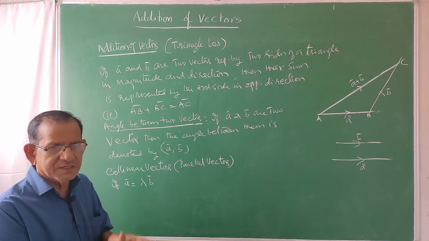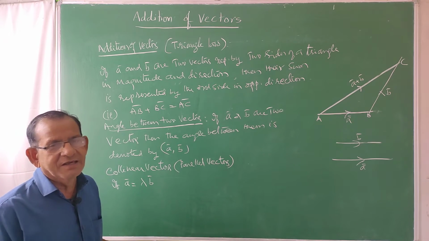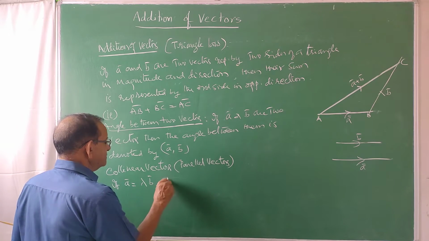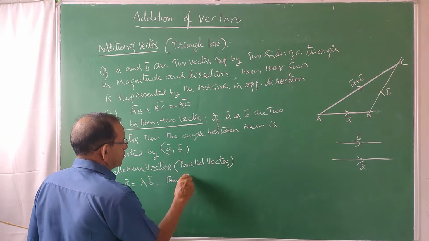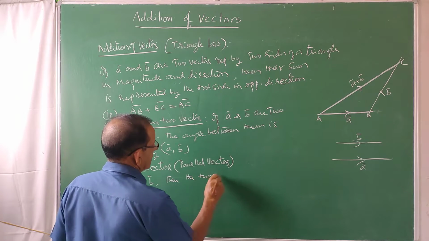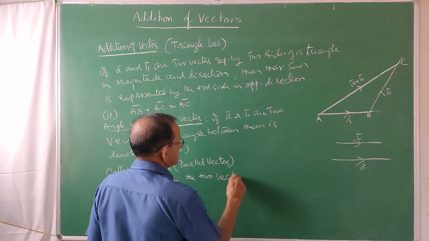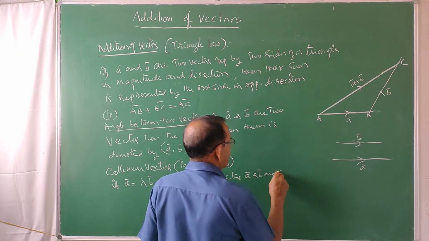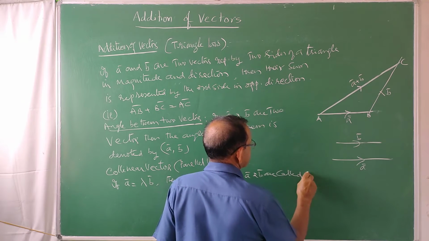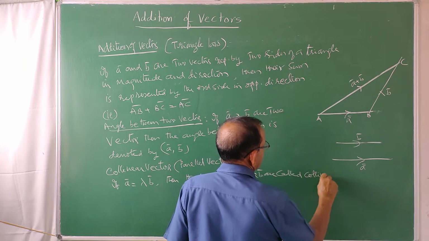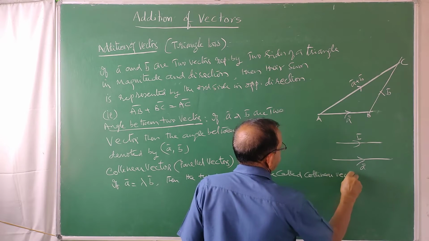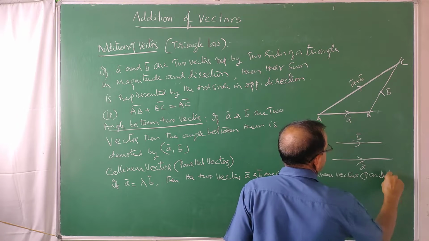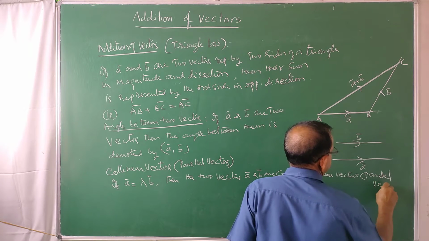Collinear vectors means they need not be on the same line; they may be parallel also. So the two vectors A bar and B bar are called collinear vectors or parallel vectors.